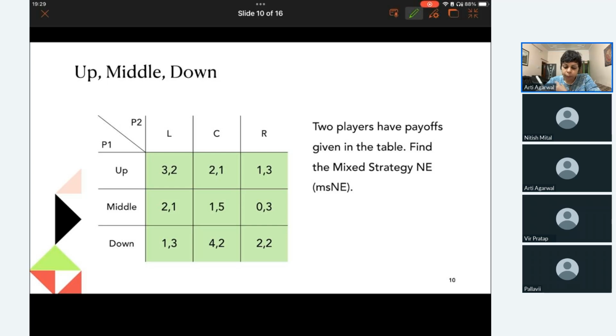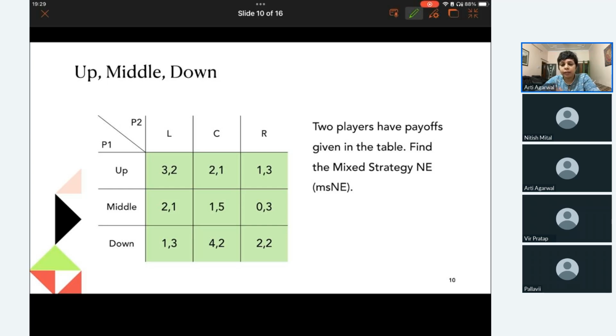Similarly, when P2 is playing C, middle is giving 1, whereas down is giving 4. And when P2 is playing R, middle is giving 0, whereas up and down are giving 1 and 2 respectively. The only problem would be with L, where middle is giving 2 and down is giving 1, but up is giving 3.